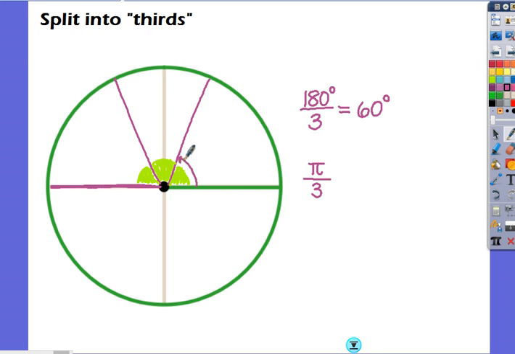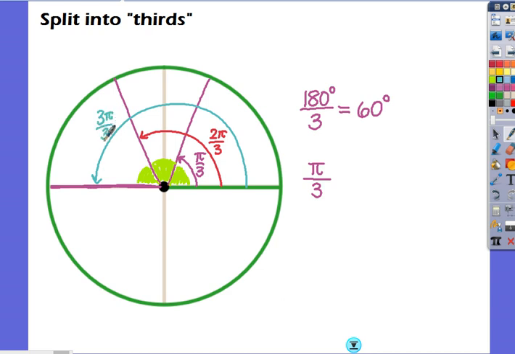So if I'm talking about radians, this angle, not 60 degrees anymore, it's pi over 3. And if I wanted to do 2 of those, 2 60-degree angles, it would be 2 pi over 3. I could go 3 pi over 3, which usually I would probably reduce.